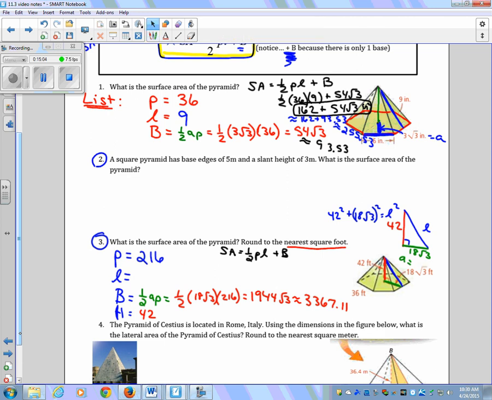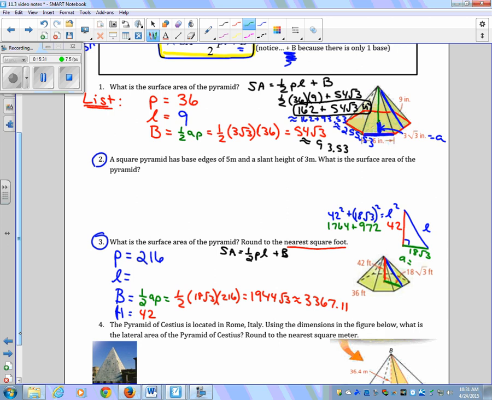42 squared is 1764. Now, 18 squared is 324, and then we have to do times root 3 squared. Well, root 3 squared is just 3. So I'm going to do 324 times 3 is 972.